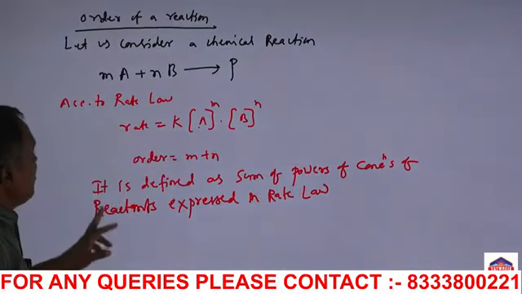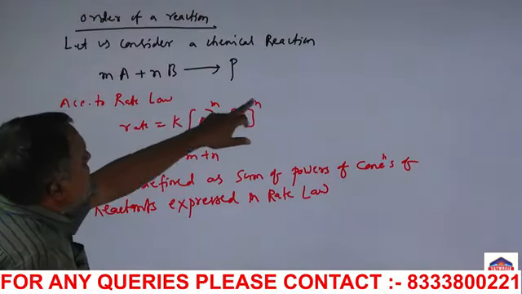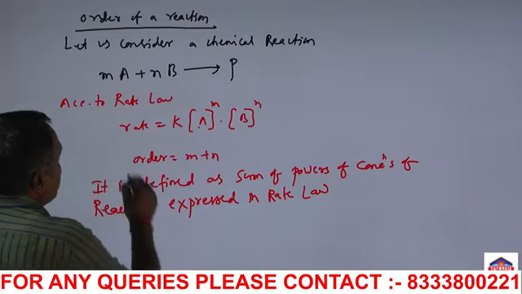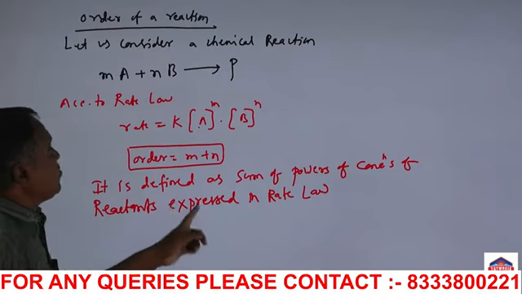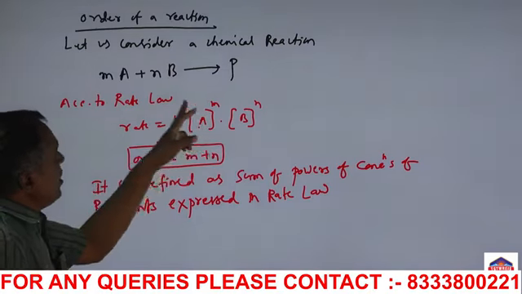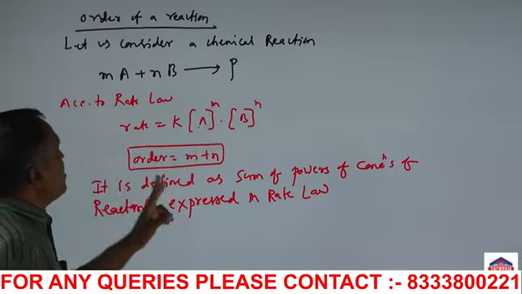So based on this definition, what will be the order now? Sum of powers, m plus n, is the order of this reaction. Therefore the sum of powers of concentrations of reactants expressed in rate law, this is the rate law. In this, only the sum of powers of concentrations of the reactants is nothing but what?